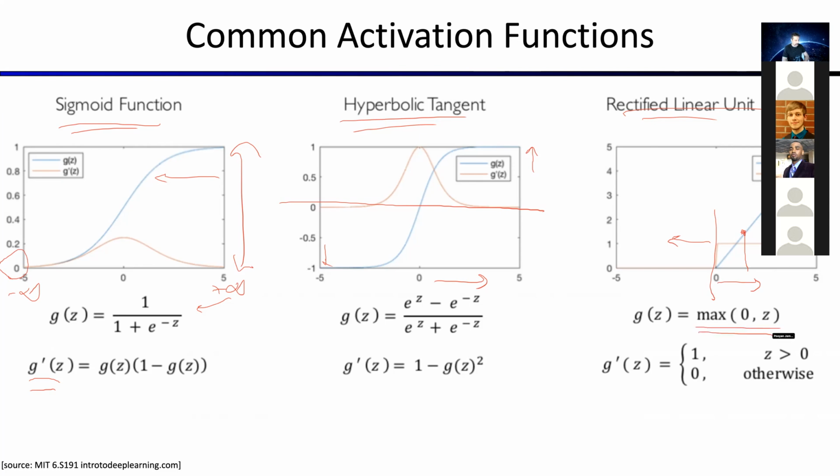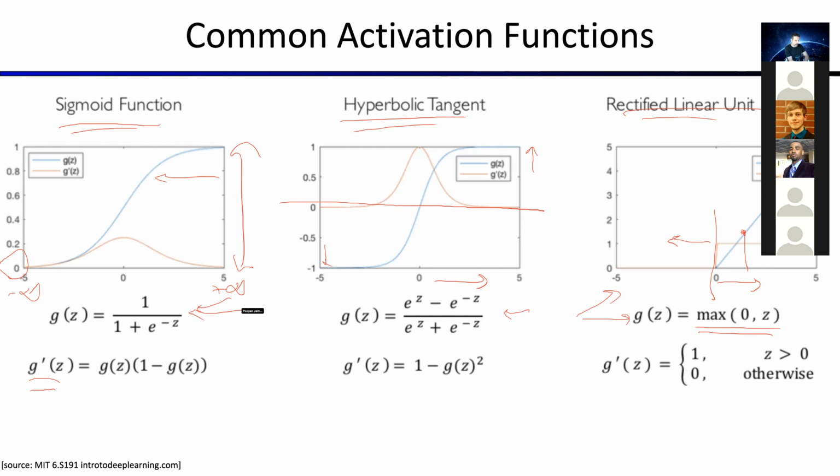And that's why it makes sense to use ReLU in a neural network, because first of all, calculating this transformation requires less computation as opposed to hyperbolic tangent and sigmoid.